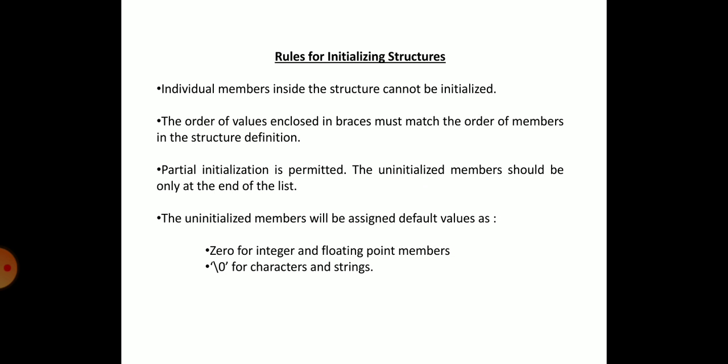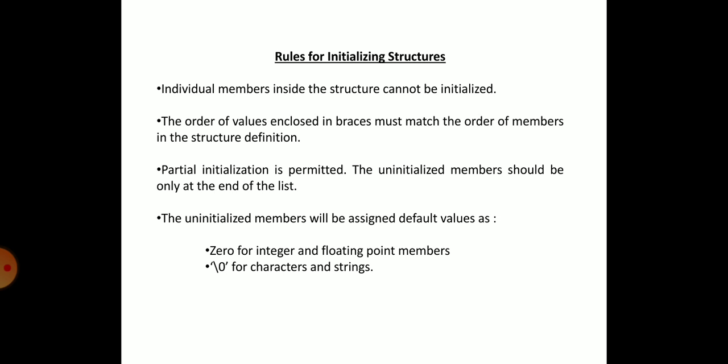That is the condition. Provided the partial initialization is permitted, provided the uninitialized members are only at the end of the list, the uninitialized members in that case will be assigned default values.